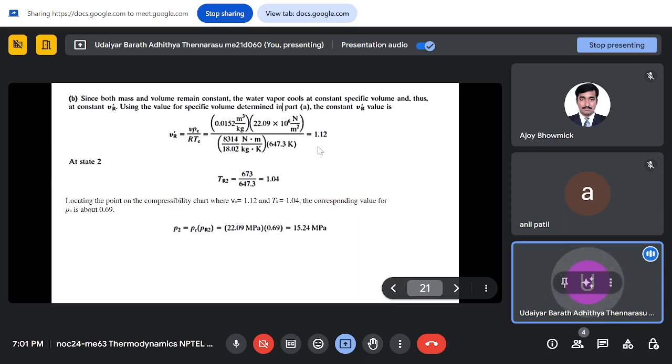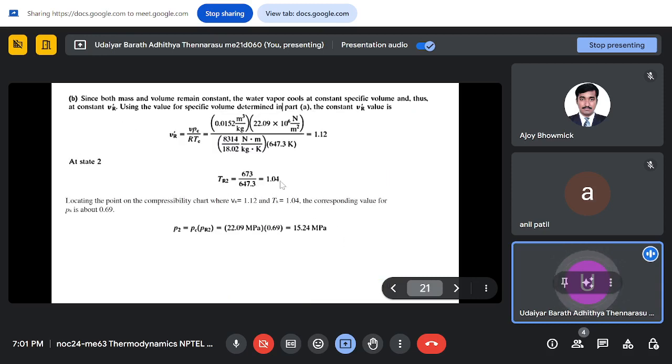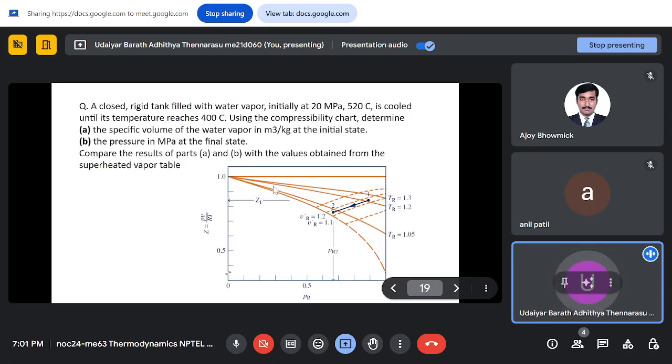So at state 2, these are constant specific volume lines. So this is 1.1 and 1.12, so it will lie somewhere in between. So at state 2 corresponding to specific volume of 1.12, your TR is 1.04. At 400 degrees Celsius, your reduced temperature is 1.04.